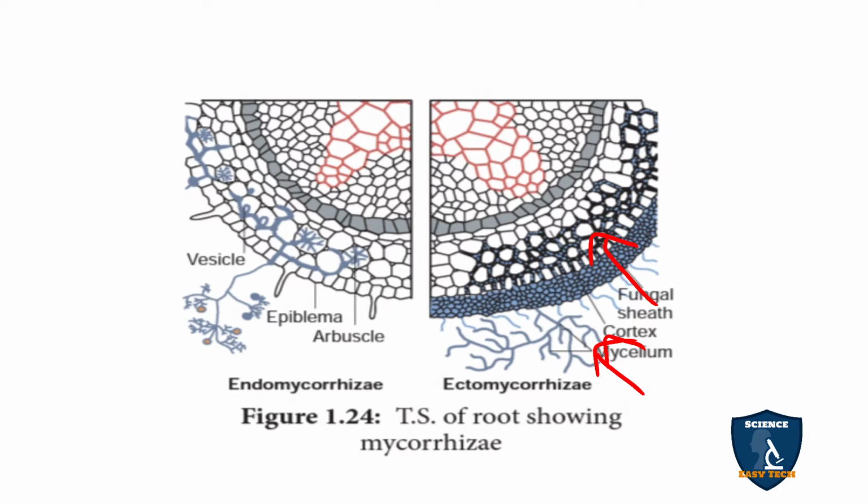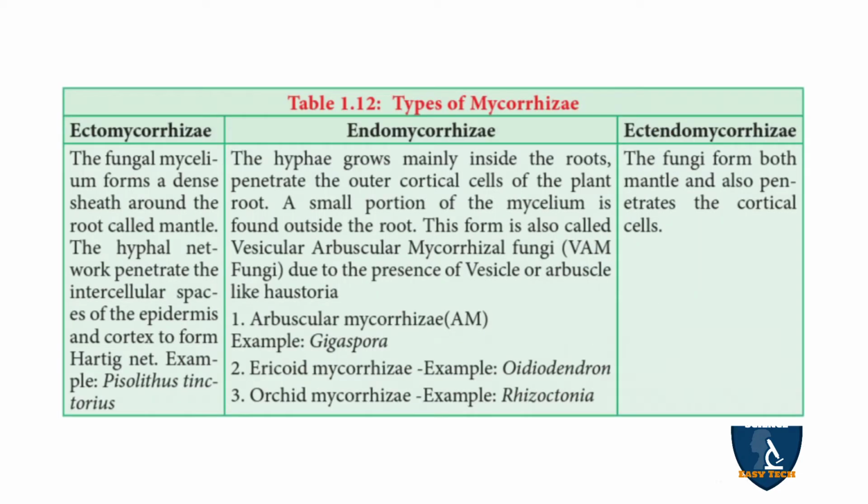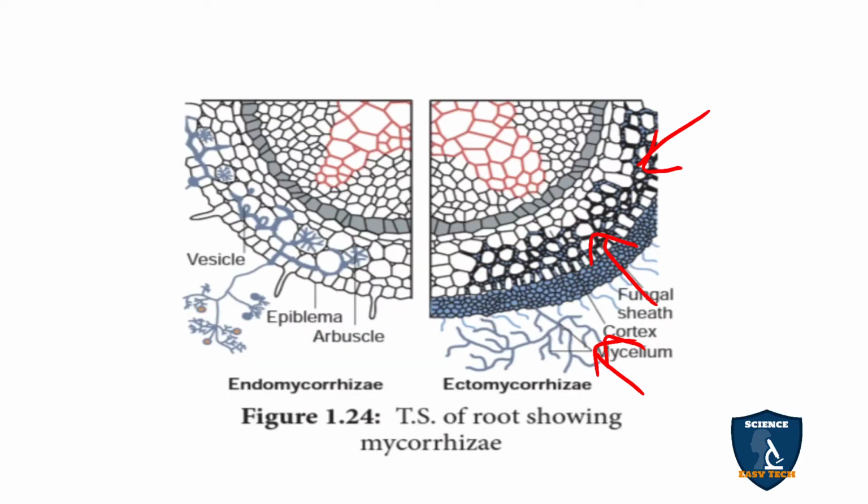So ecto means outside, and it forms a network-like structure inside the cortical cells that is called the Hartig net. It is seen in Pisolithus tinctorius.